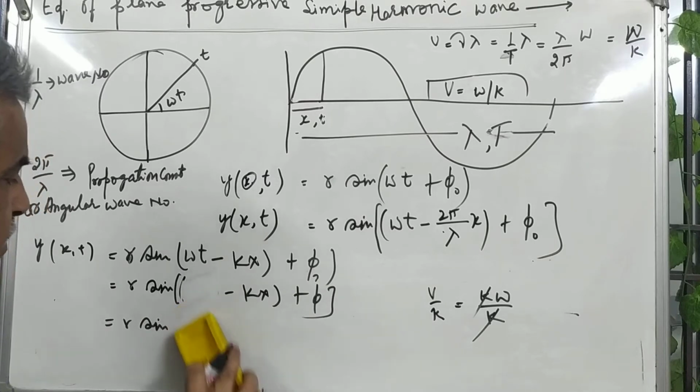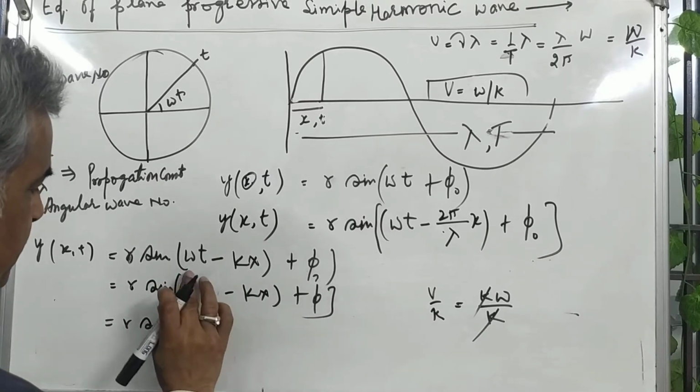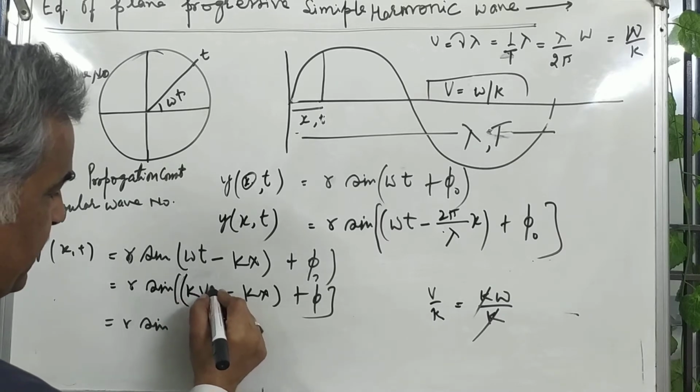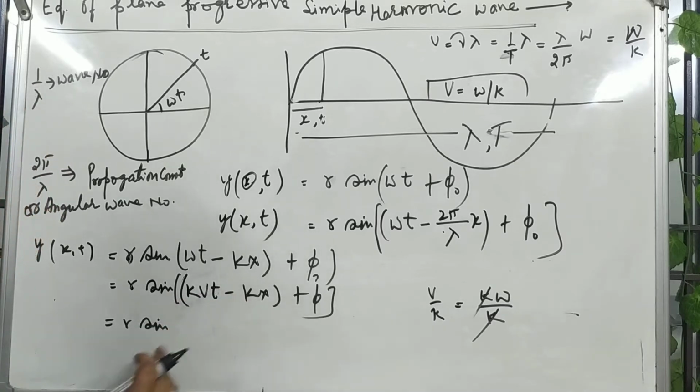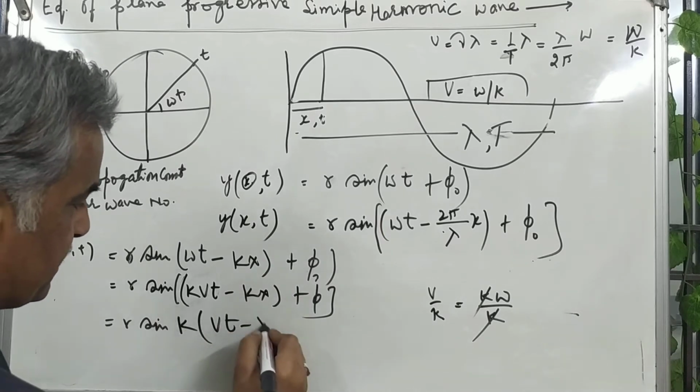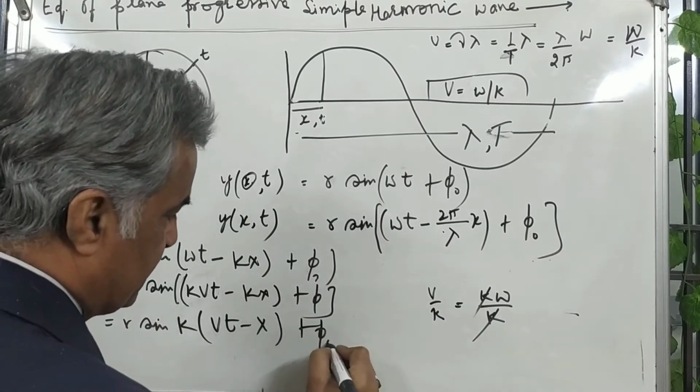In place of omega we will write k times velocity into t. Now take k as a common factor, so this is vt minus x plus phi naught.